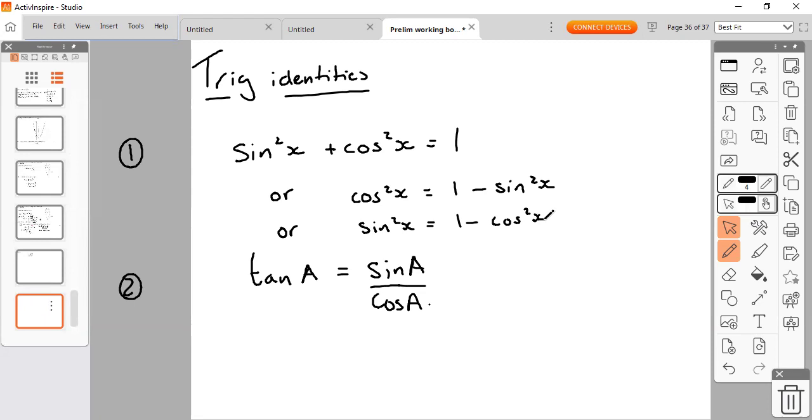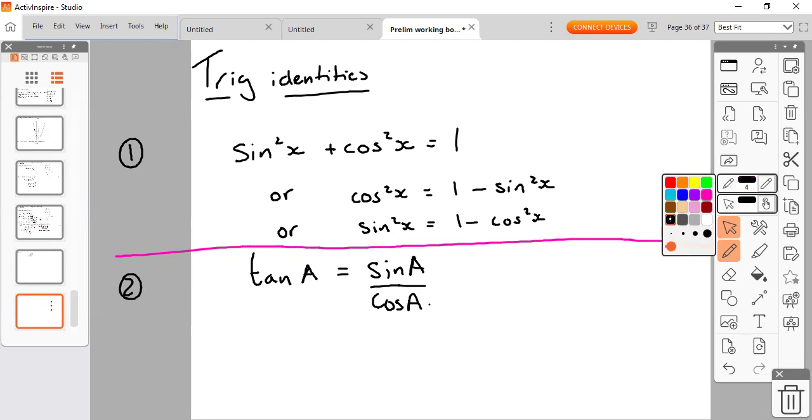That's me just rearranging that first trig identity. Likewise, that second trig identity, I could rewrite as sine A equals tan A cos A.